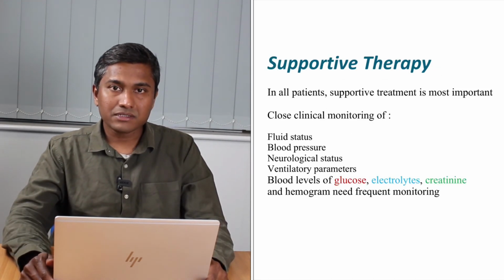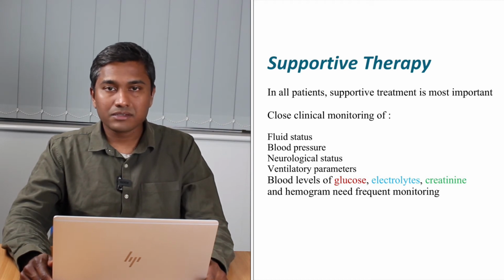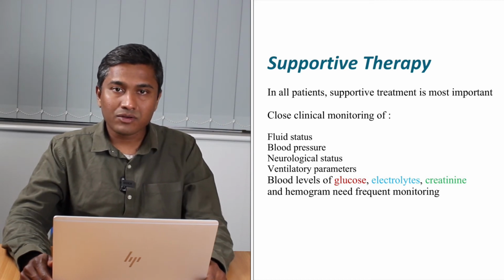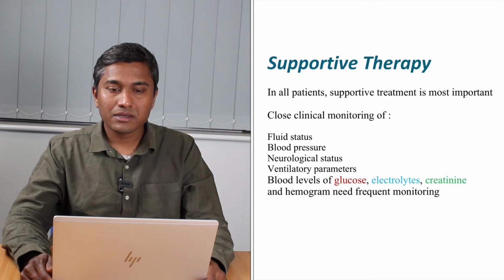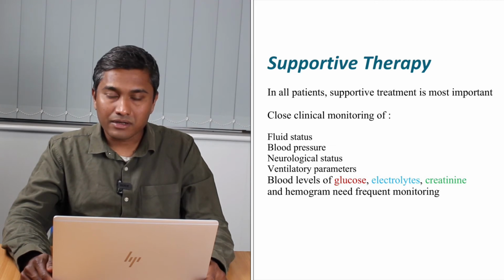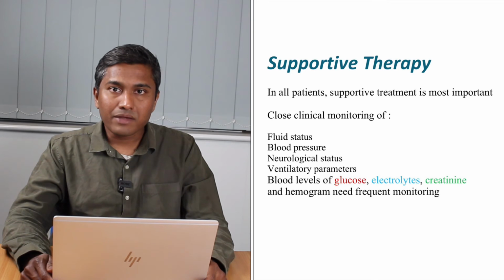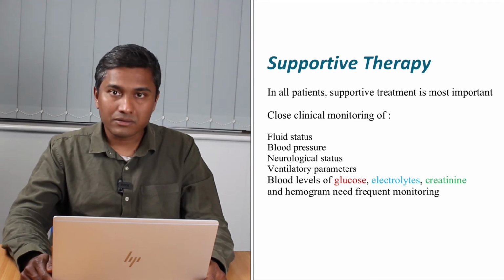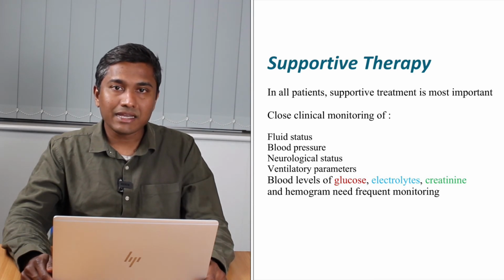In all patients with HUS, it is very important that you monitor them very closely. Fluid status, blood pressure, neurological status, and ventilator parameters need to be monitored very closely. Blood levels of glucose, electrolytes, creatinine, and hemogram need frequent monitoring.